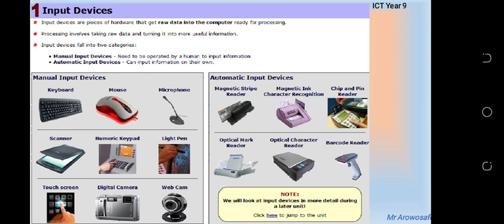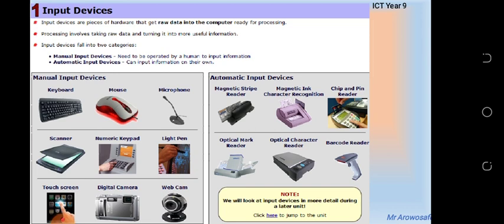Then another one is automatic mark reader, which we use to read or scan any data relating to multiple choice.